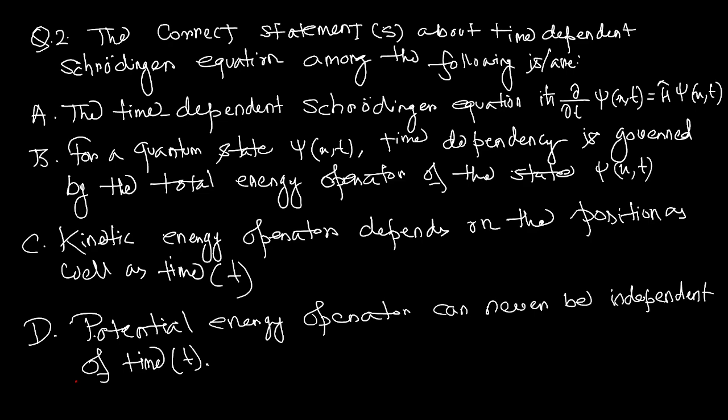Okay. So we have to find the correct statement. The first one, we know, we derived some time before, is the correct one. The second one says, for a quantum state psi x comma t, the time dependence is governed by the total energy operator of the state. Yes, that is correct.